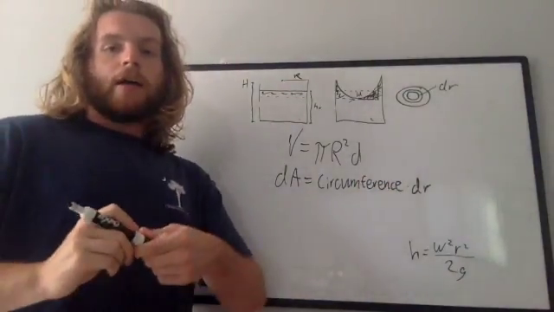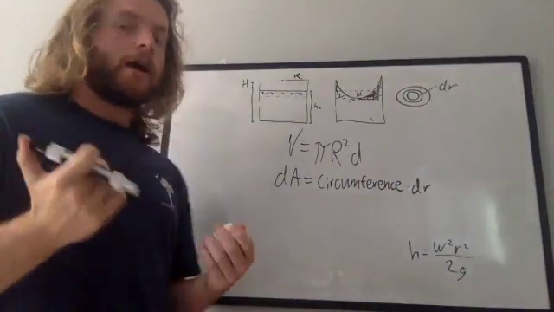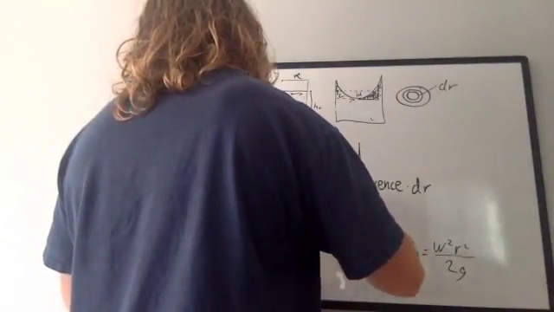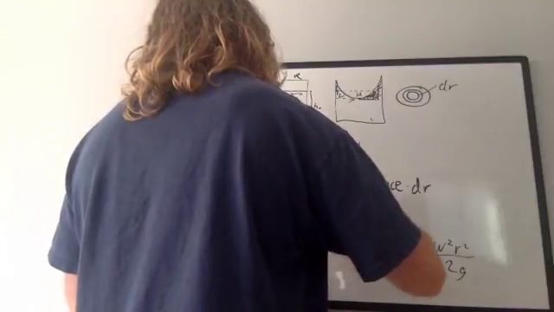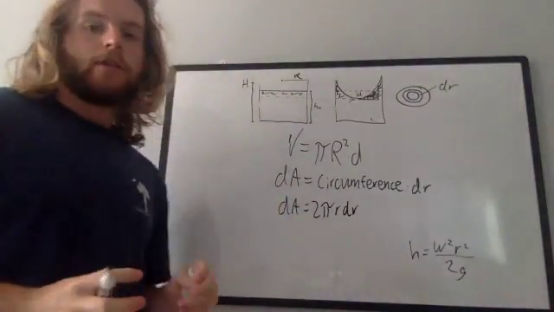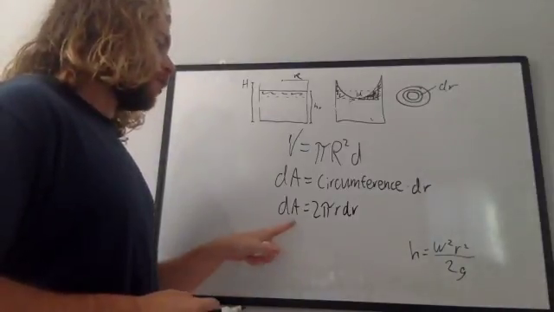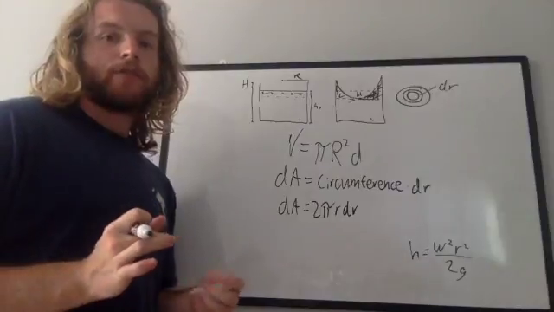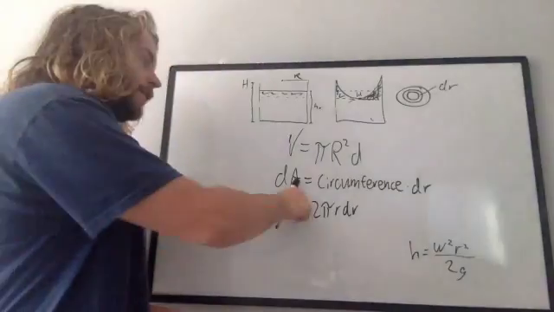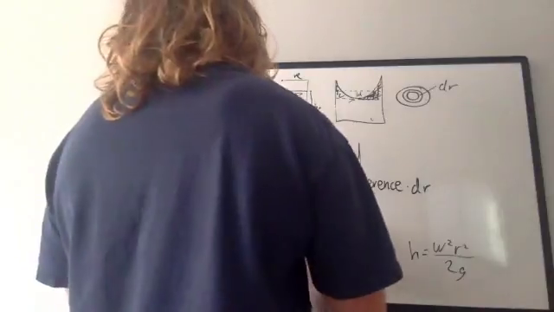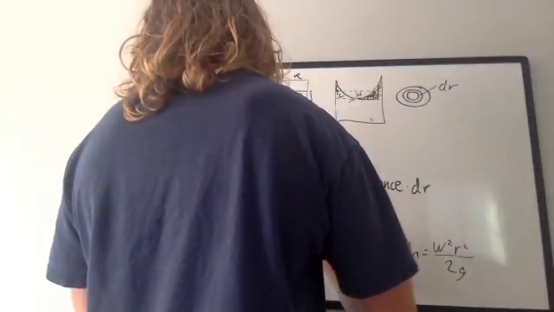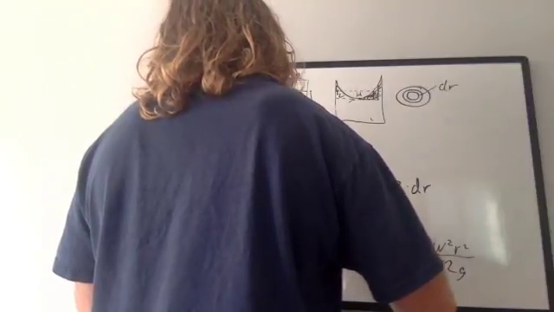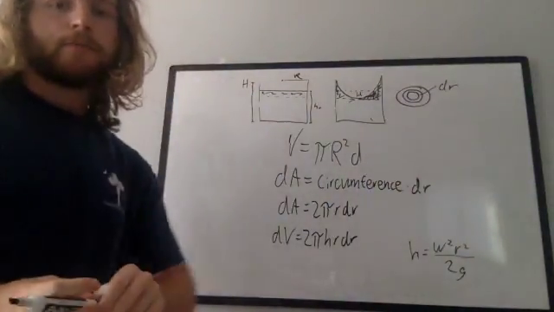And we know that the circumference of the circle is just going to be 2 pi r, so this is just going to be dA equals 2 pi r dr. And then to turn this into a differential volume, all we have to do is multiply it by the height at that differential radius, right? That is going to give us that third dimension, turning the area into a volume. So the differential volume is just going to become 2 pi h r dr, like so.